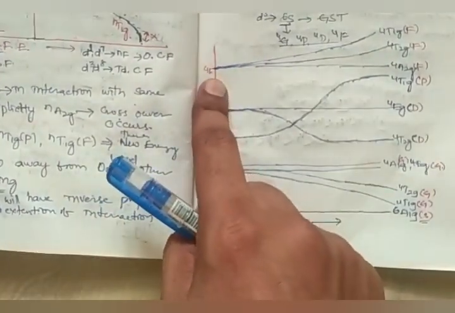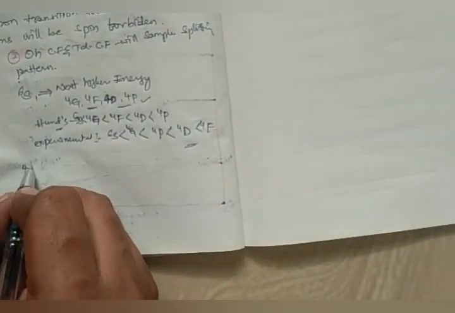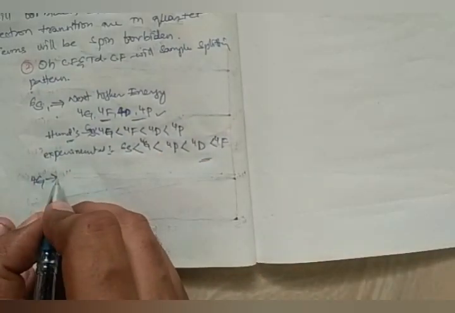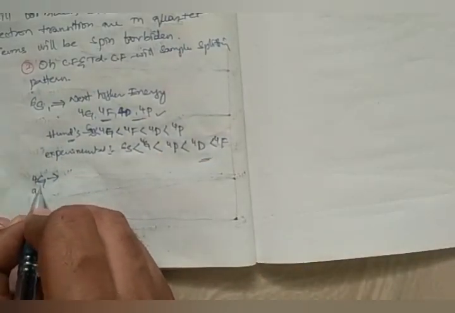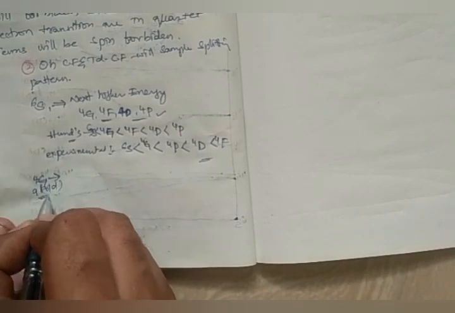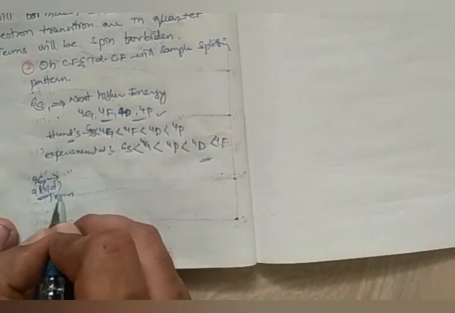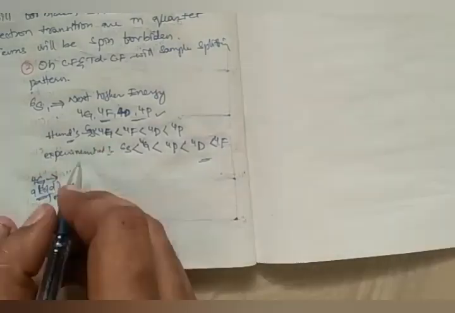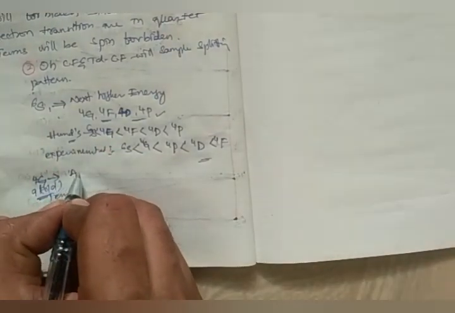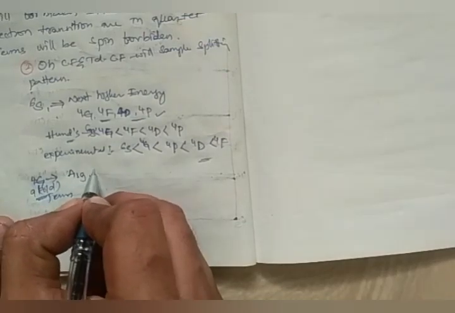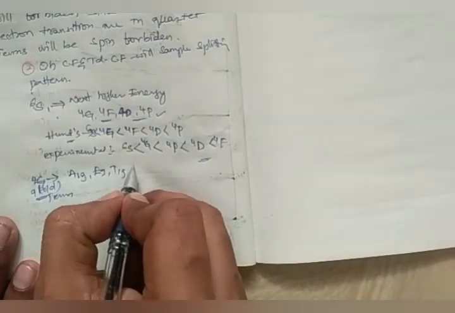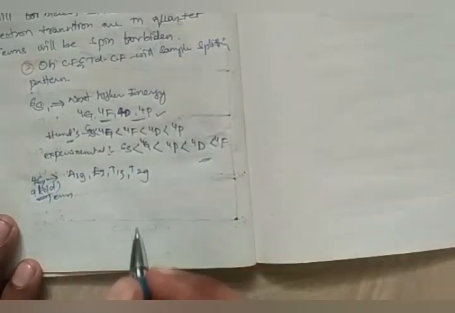4D by 4F. Here we know that 4G upon crystal field effect is a 9-fold term, so it will split into A1G, EG, T1G and T2G, as in 4 energy states.